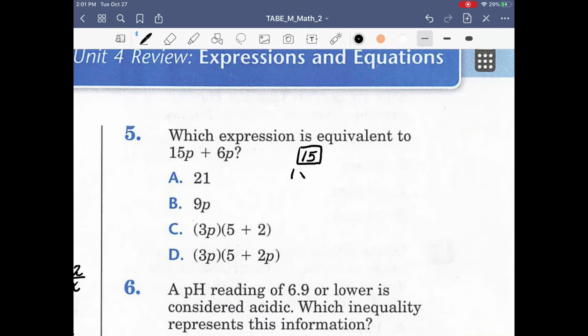So 15 times 1, 3 times 5 would give me 15. And then 6 is 1 times 6 and 2 times 3. So the greatest common factor, in fact the only common factor because we don't count ones, is this 3.